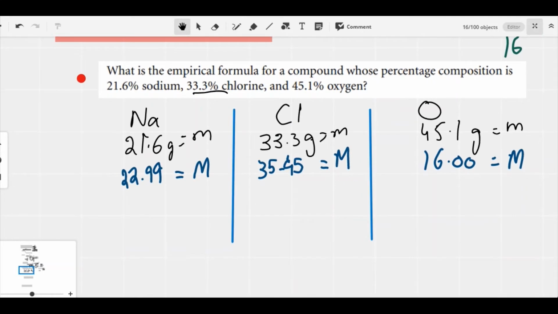So first we need to find the number of moles of each atom.